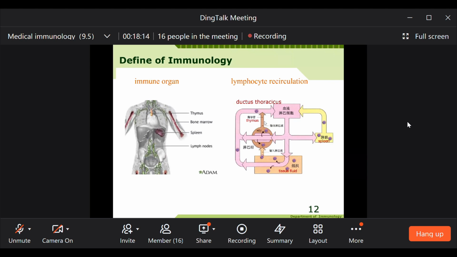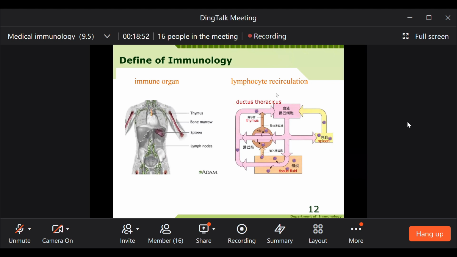What does this mean? We can see the lymphocyte recirculation here. The right picture shows the immune system, just as we mentioned above, the organisms and the cells and the organs. Each of the organs connects to each other by what? By the lymphatic vessels.